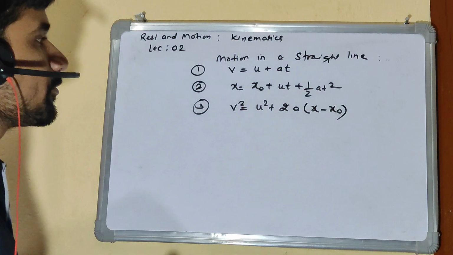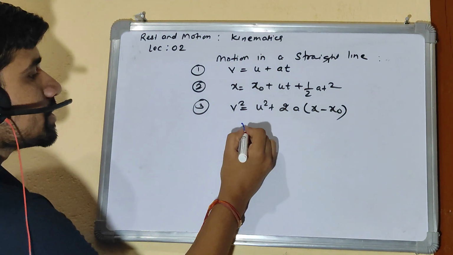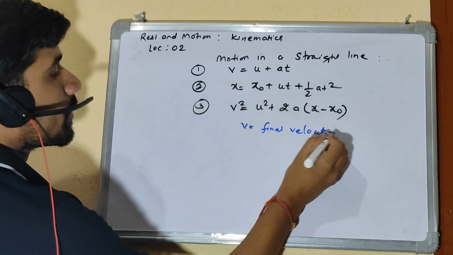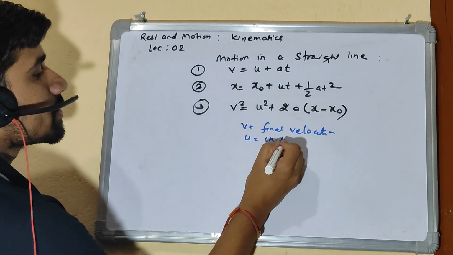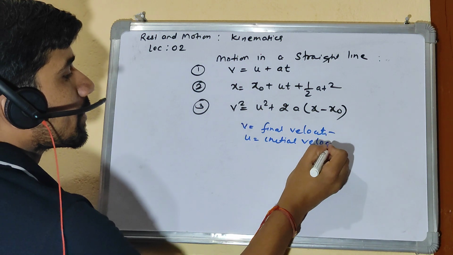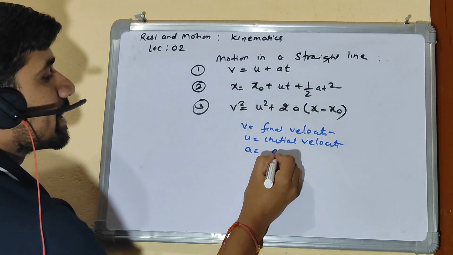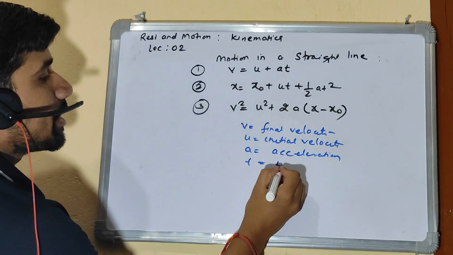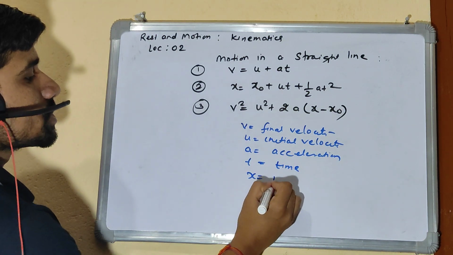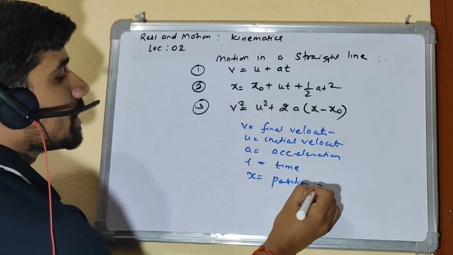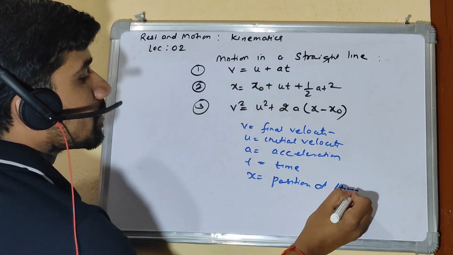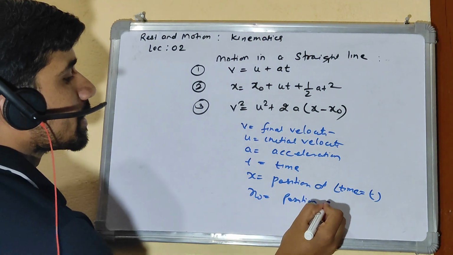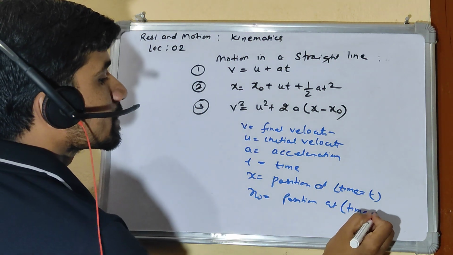Now let's put the meanings of these variables. V is my final velocity, u is my initial velocity, a is my acceleration, which is uniform, t is obviously time, x is position at time equal to t seconds, x naught equal to position at time equal to 0 seconds.